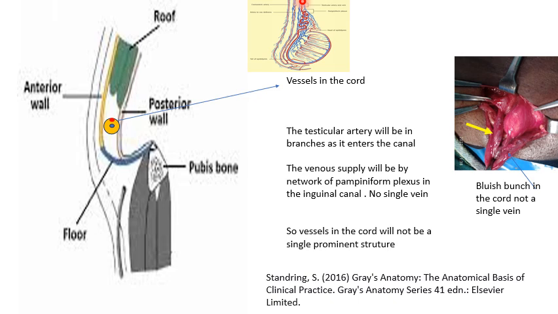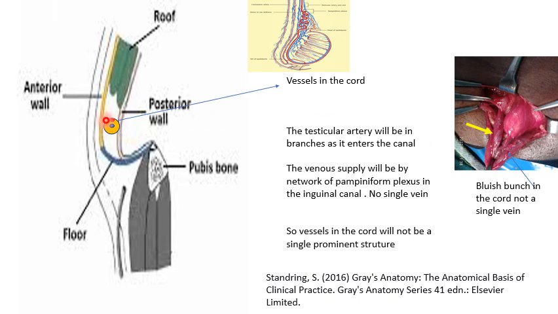So it is not one single vein. It will be a plexus of veins, so you can't find one single structure. What you find along with the cord in your inguinal hernia surgery is the pampiniform plexus. So have a look. You can see this bluish bunch here. This is the pampiniform plexus.